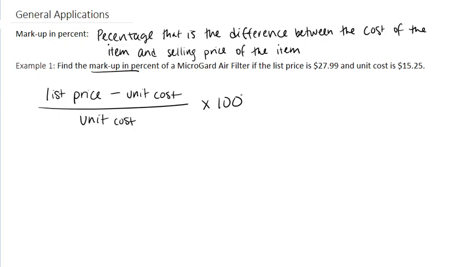So that will be our formula that we use. So our list price is right here. And then we have our unit cost, which is $15.25. So let's go ahead and plug that in.